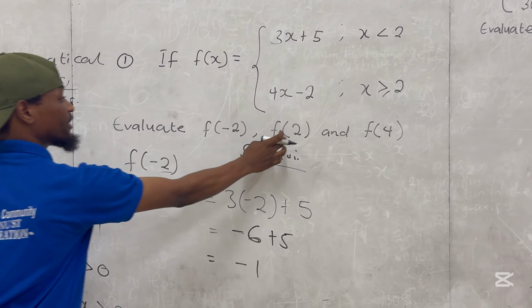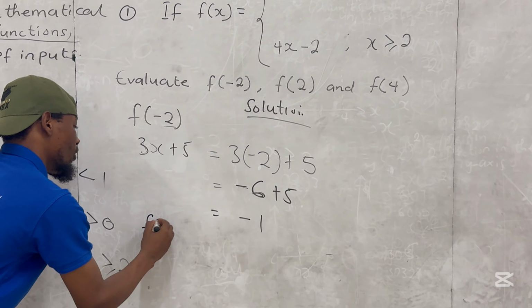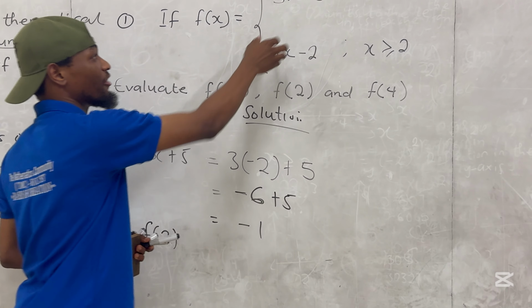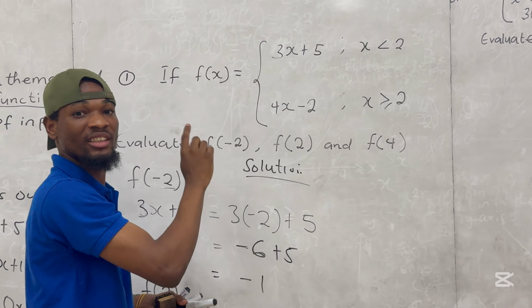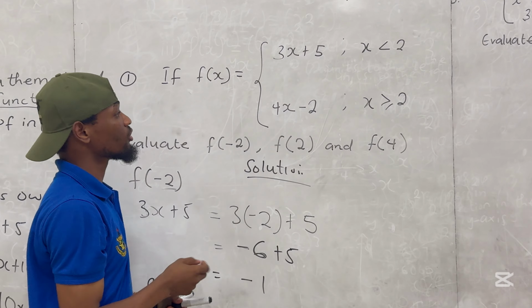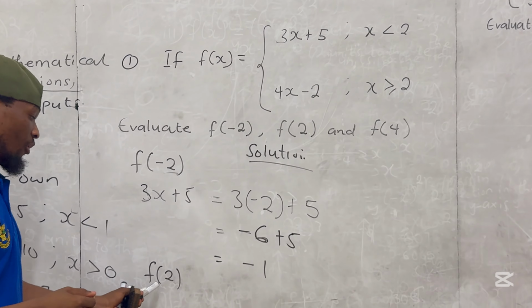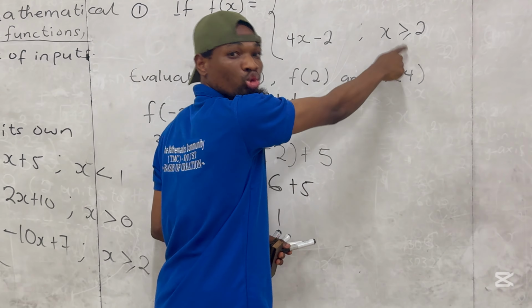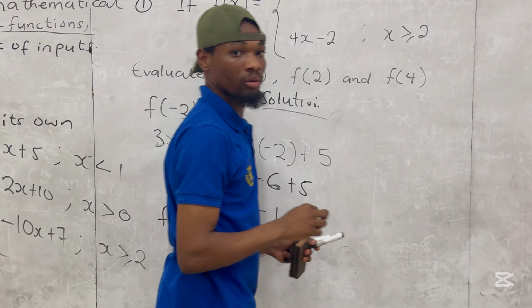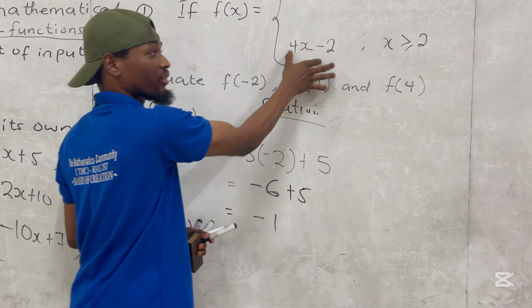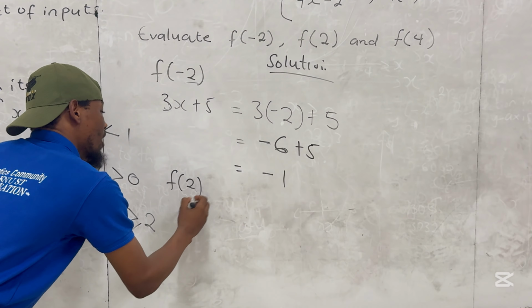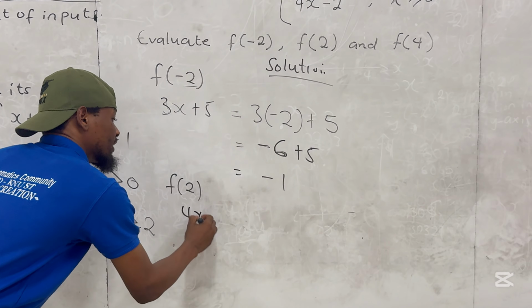So we have f of positive 2. Which one should we go in for? Is it the first one or the second one? Let's look at the inequality or the domain over there. We have f of 2. Is it this or that? Clearly it's this, because this starts from 2, 3, and beyond. So I'll go forward with the second function, which is 4x minus 2.